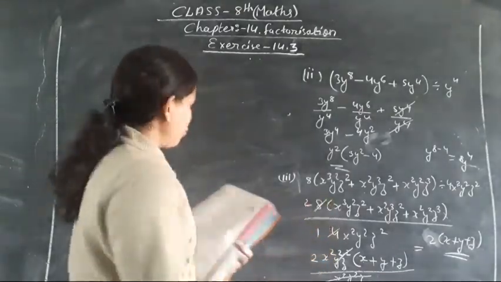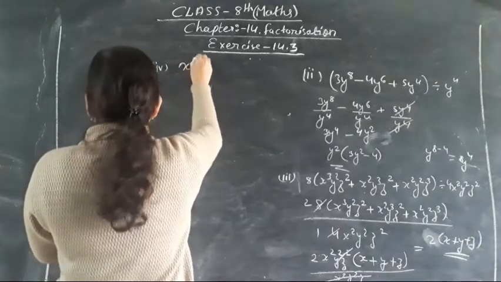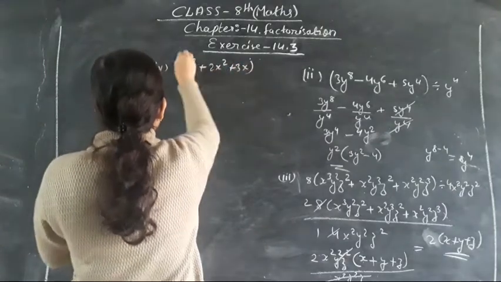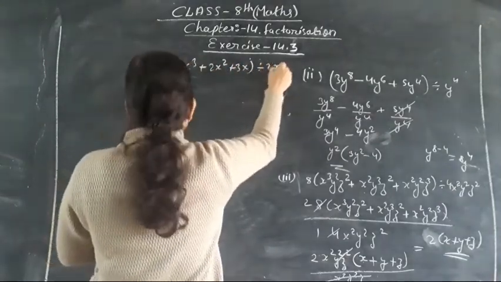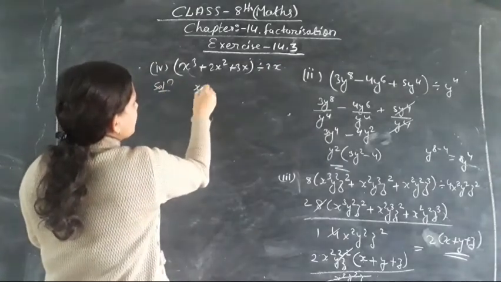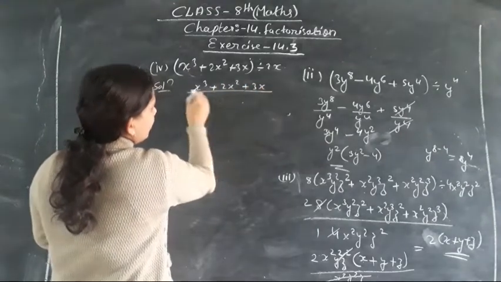Here we are having the fourth part. X cube plus 2x square plus 3x divided by 2x. This is the question we are having. So look, x cube plus 2x square plus 3x divided by 2x.